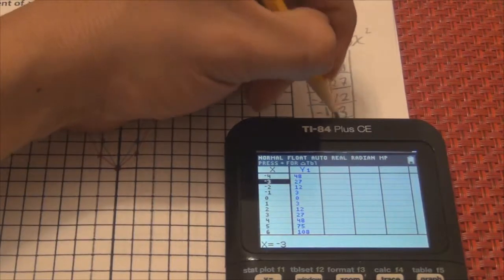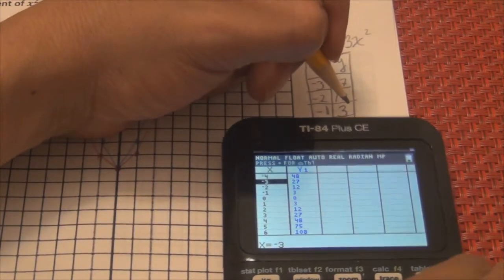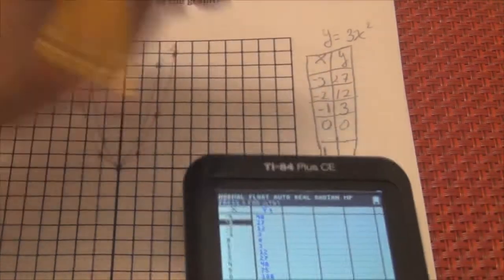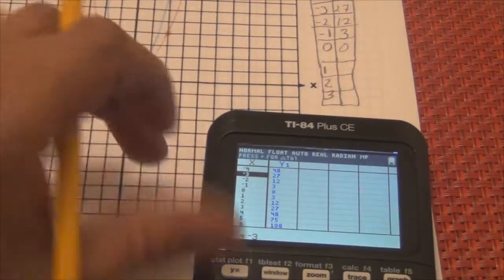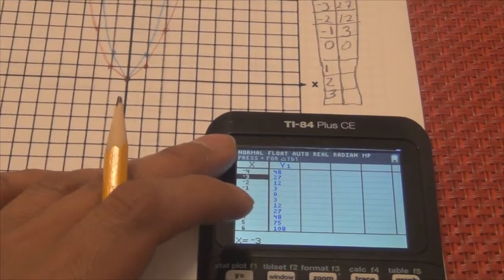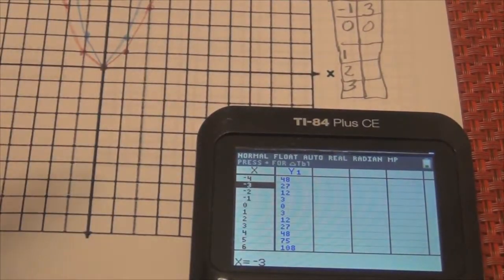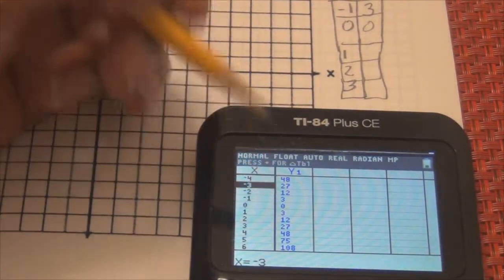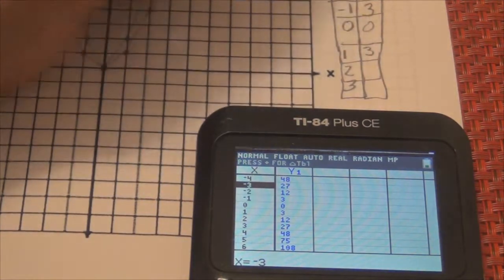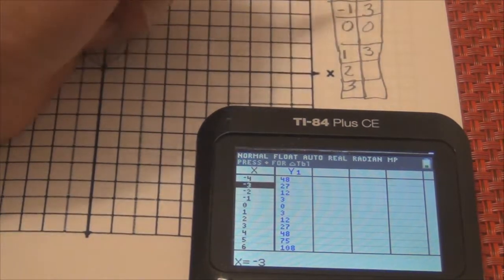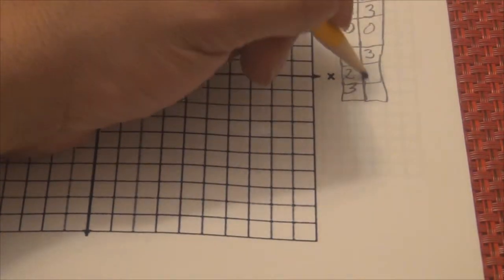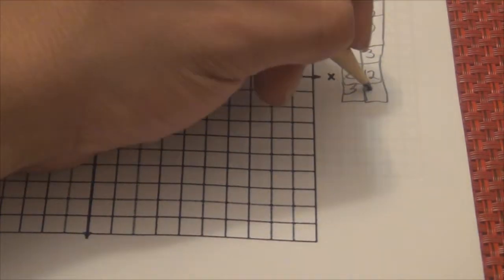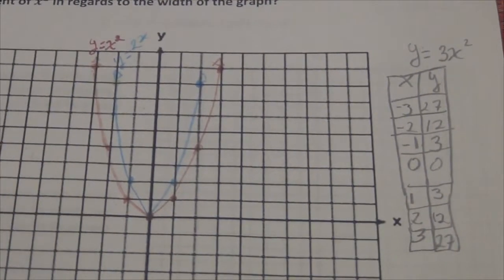Negative 1 is 3. 0 is 0. 1 is 3. Oh, they start repeating again. I know what 2 is. 2 is 12. And 3 is 27. Because that's how it goes. Alright, so now let's graph it.